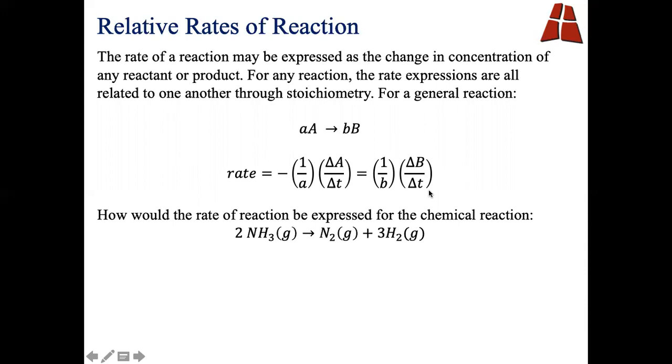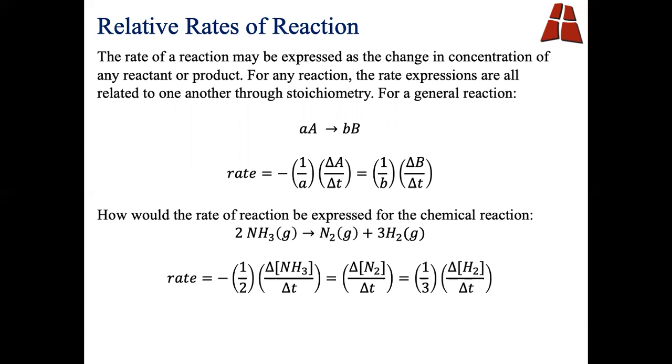Okay. So bringing this into actual chemical systems, take a moment and see if you could figure out what the rate expression would be for this chemical reaction below. I'm going to go ahead and reveal that now. Hopefully you were able to get this, where our rate is going to be equal to -1/2 of the change in concentration of ammonia, NH3, over the change in time, which is equal to 1 over 1.